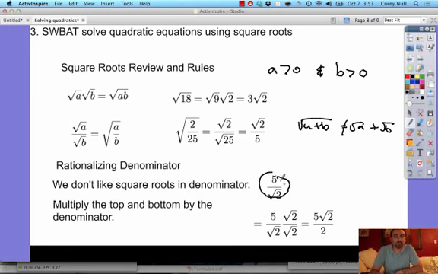These two fractions are the same, but we prefer in mathematics this one. Okay, it's a preference. In the same way we prefer reduced fractions, we prefer 1/2 to 2/4. We also prefer 5 root 2 over 2 to 5 over root 2.